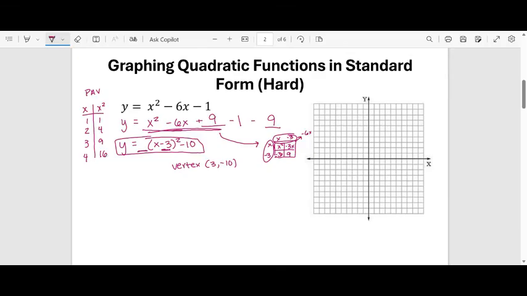We're going to start at 3, negative 10. That's right here. I'll go left and right 1 square from the vertex, up 1 square from the vertex. So I'll be here and here. Left and right 2, up 4. Left and right 3, up 9.